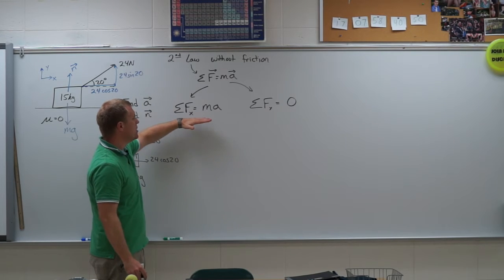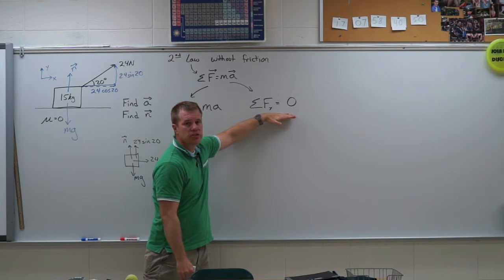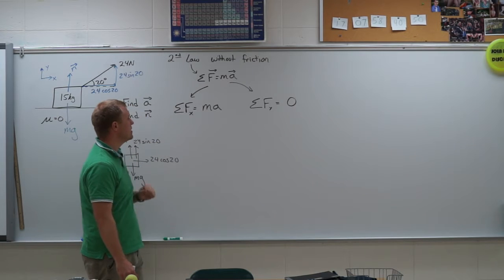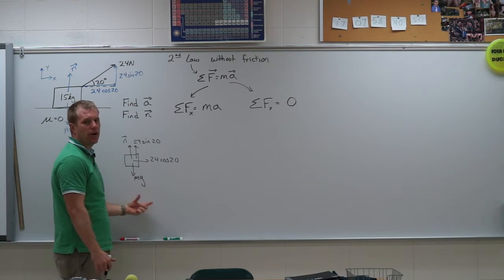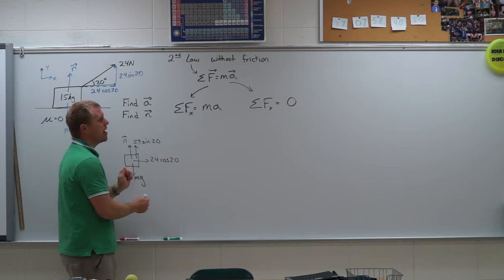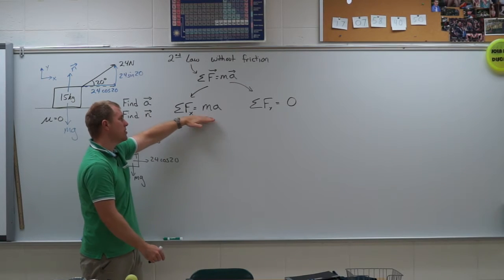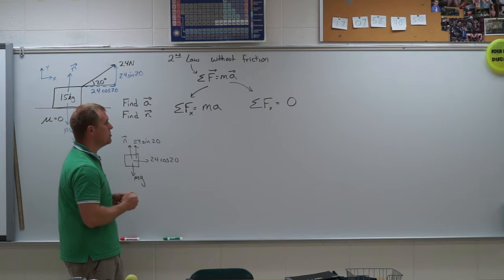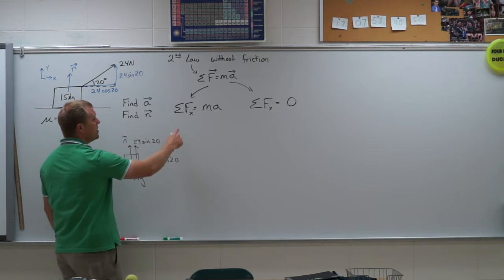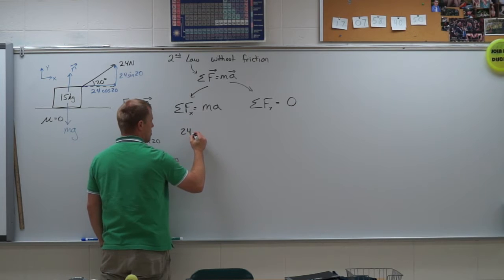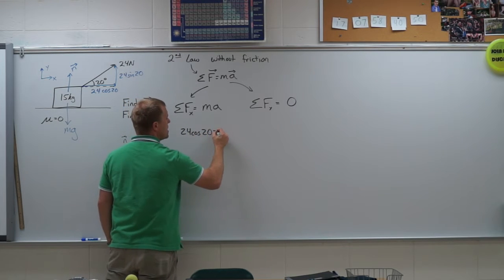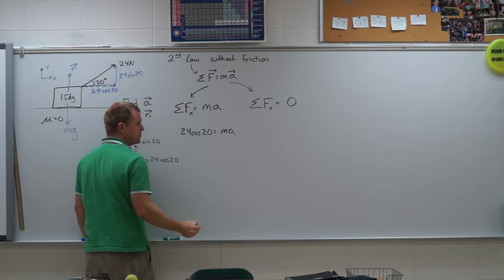All right, so once we've identified first law in the y direction, second law in the x direction, we're going to go ahead and create our equations. We're going to use our free body diagram to generate equations off of these Newton's first and second laws. So in the x direction, all the forces acting in my x direction, I have 24 cosine of 20 equals ma.